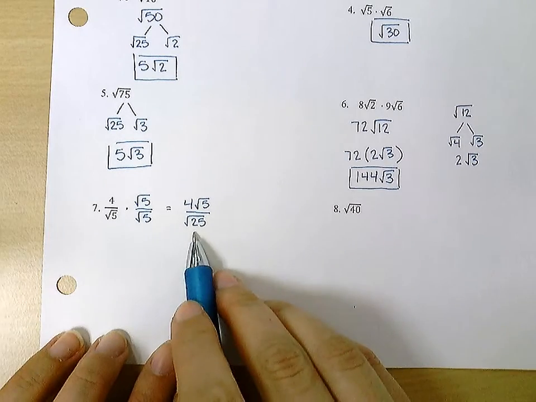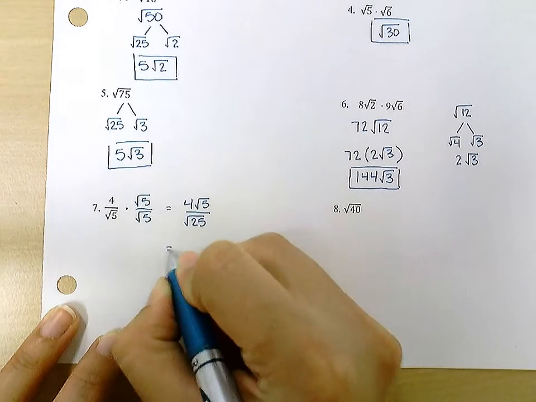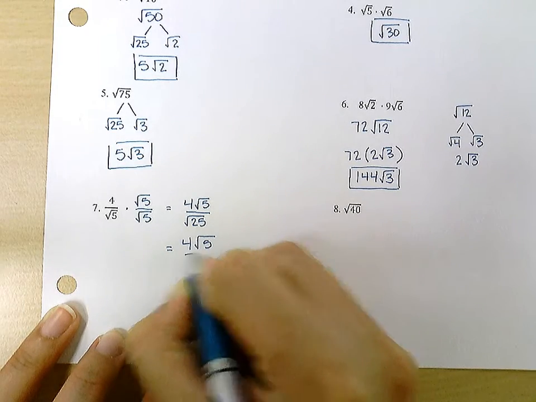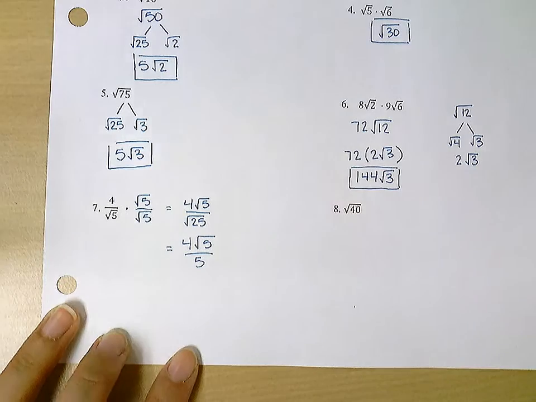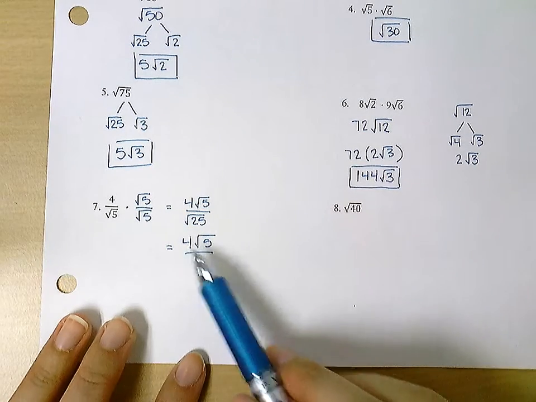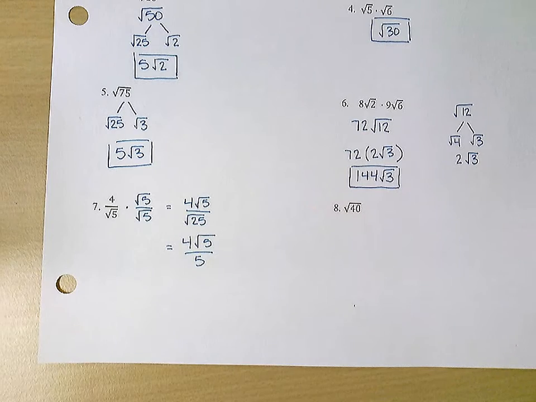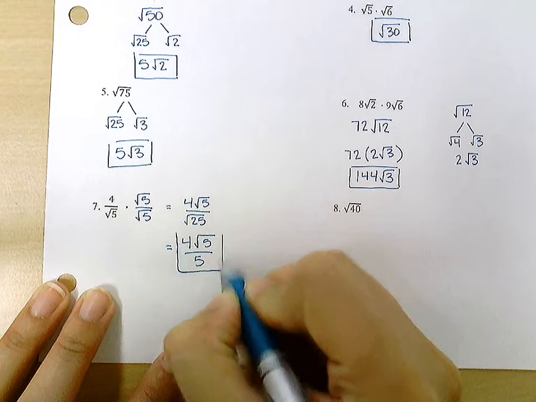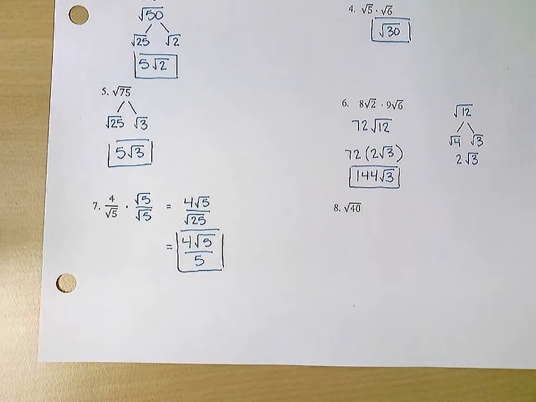I can take the square root of 25, so I end up with 4 square root of 5 over 5. Now I can't simplify this any further. 4/5 doesn't divide evenly, so I would just circle or box that answer to know that I'm done. So I can leave it like that.